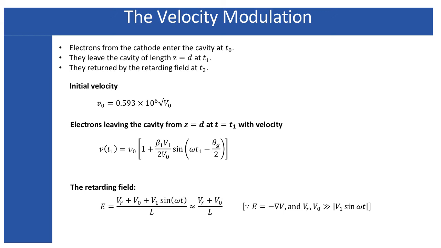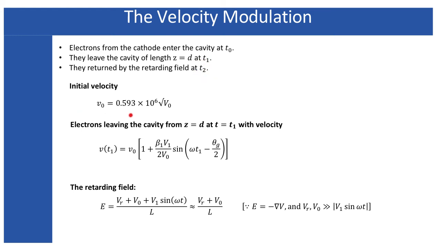Let's discuss the velocity modulation for the reflex klystron. Before discussing that, I am assuming that the electrons are entering the cavity at this time instant t0, and the cavity gap length is d, and they are leaving the cavity gap at the time instant t1, and they are returning during the returning field of the cavity gap voltage at the time instant t2.